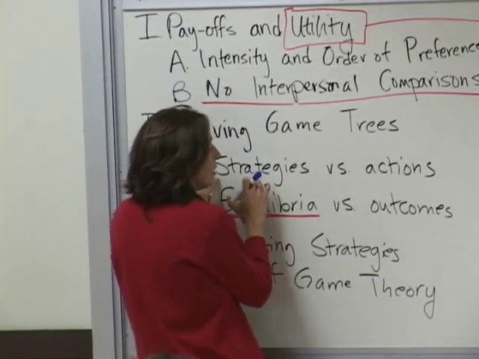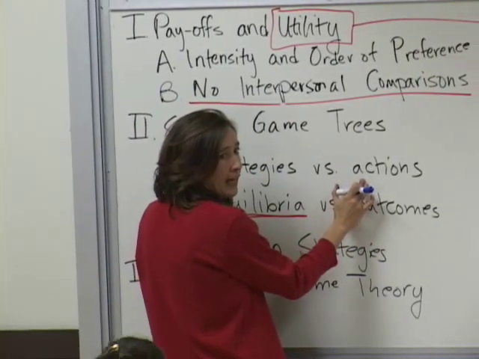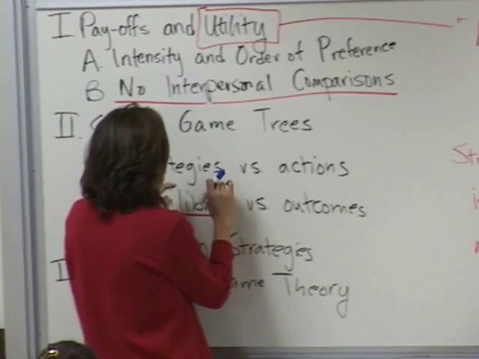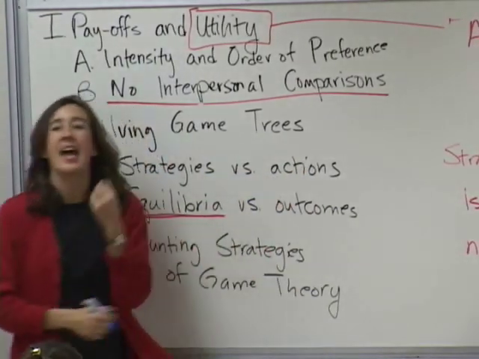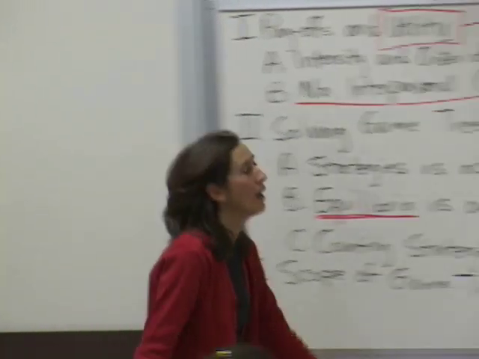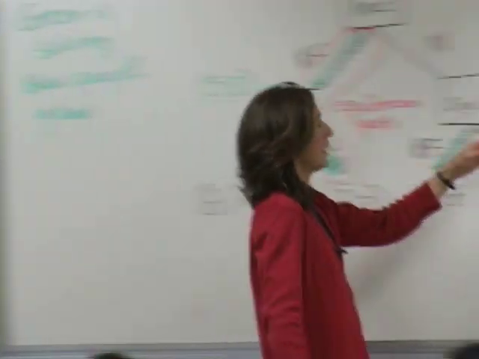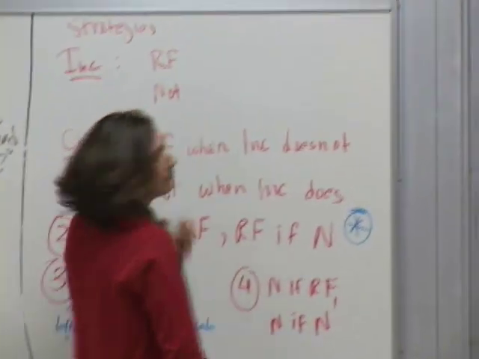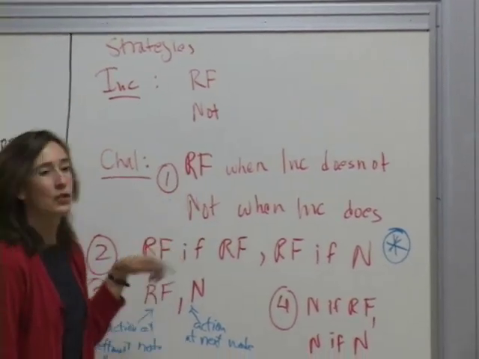Relationship 1 is strategies versus actions. Actions are like our atoms. They're the smallest thing, they're one branch in a node. Strategies are combinations of actions. Sometimes a strategy is simple, as in the case with the incumbent. Sometimes the strategies are a little more complicated.